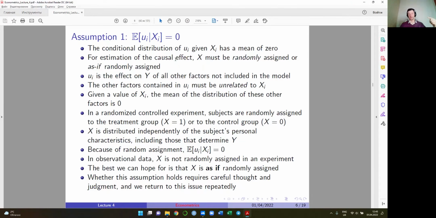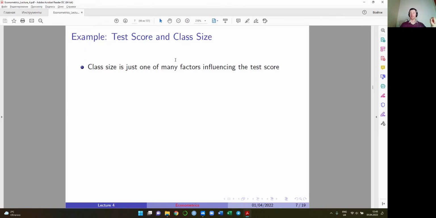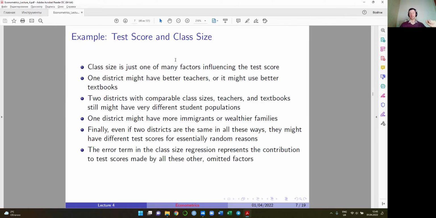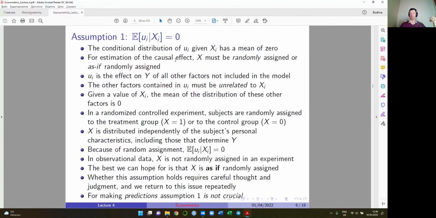You need to start thinking about, well, do I miss some other possible factors that influence the test score and that might be connected to the class size? If you miss such factors, and if there is some degree of certainty that these factors might be connected or might be somehow related to the class size, then we are in trouble, because this assumption does not hold.